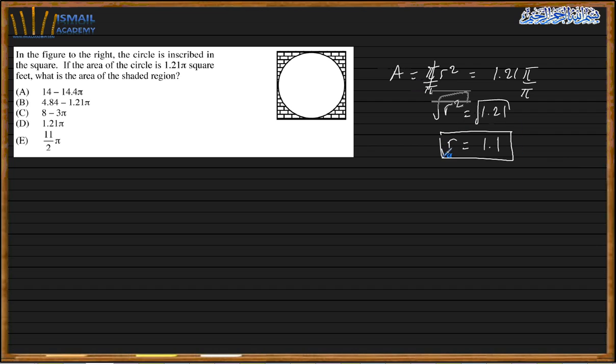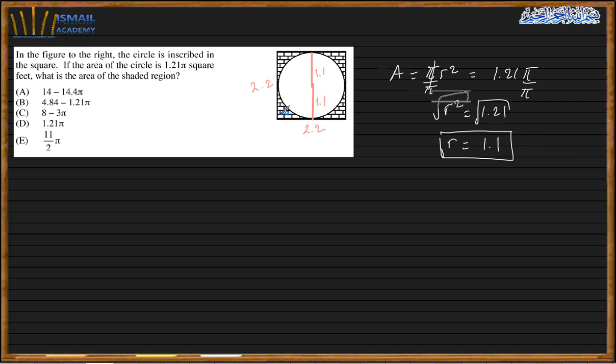This is the radius, half of the diameter. If I draw the other half, I have 1.1 here too. If I add those two, we have the diameter, which is the same as the side of the square, so it's 2.2.